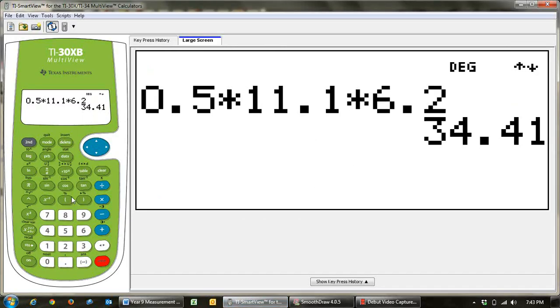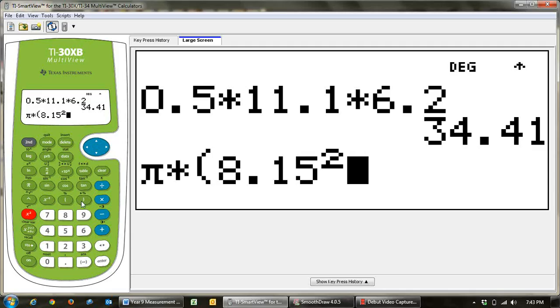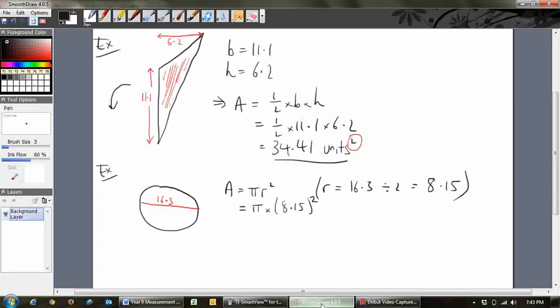Pi times, I'll put it in brackets just in case, you never know, the calculator might try to muck it up. 8.15, and we want to square that. Close the brackets. I don't think you need the brackets, but anyway, it is 208.67.